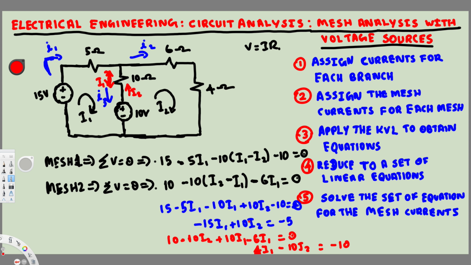Let's check. First one is negative 15 I1 plus 10 I2 equals minus 5, that's correct. Second one, okay, 10 minus 10 I2, this plus 10 I1, and this is minus 6 I1. Oh, in the second mesh I forgot to put one thing, that is this 4 I2, right? I didn't put that one.